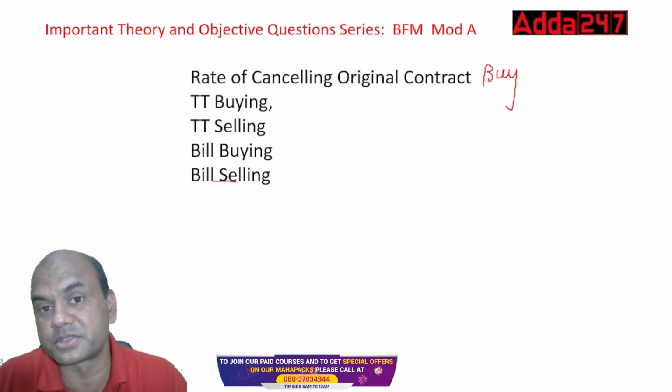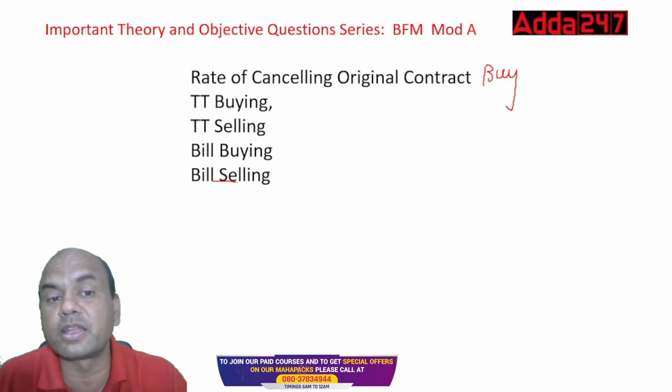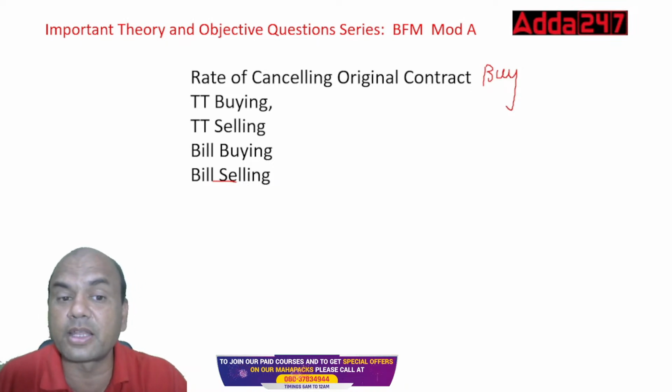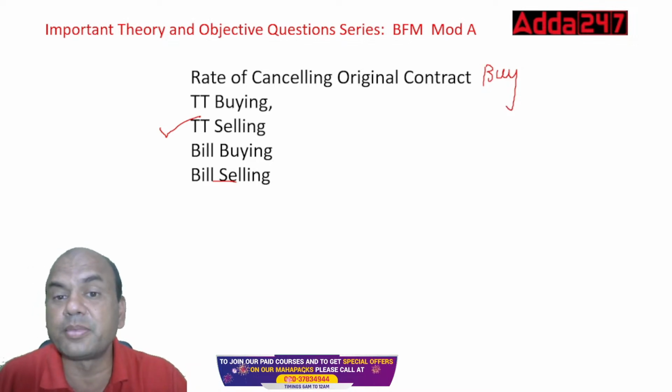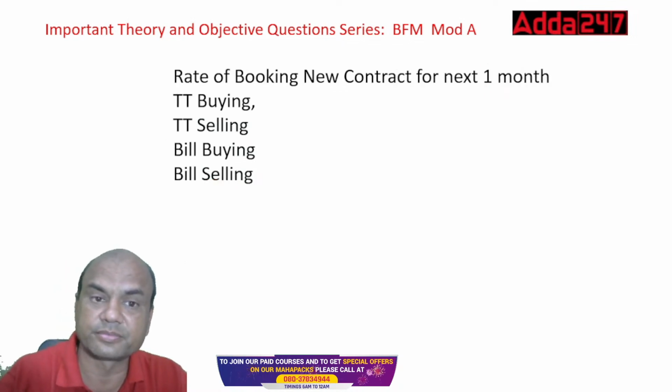If it was a spot transaction, I might have done it at TT buying. If it was a bill transaction, I might have done it at a bill buying rate. But cancelling is always done at the same rate, that is known as TT selling. Cancelling means reversing that transaction, so that will always be done at TT selling.